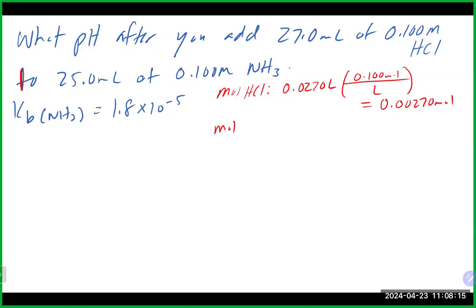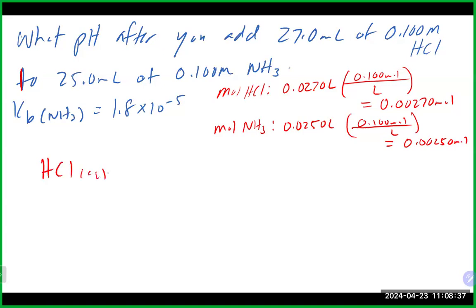We'll do it for our NH3: 0.025 liters times our 0.1 moles per liter, which is 0.0025 moles.